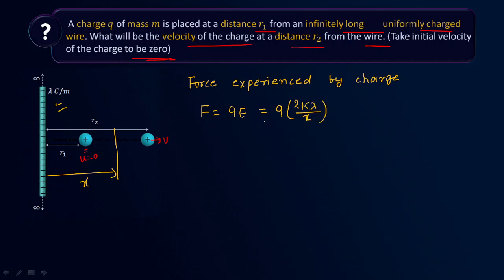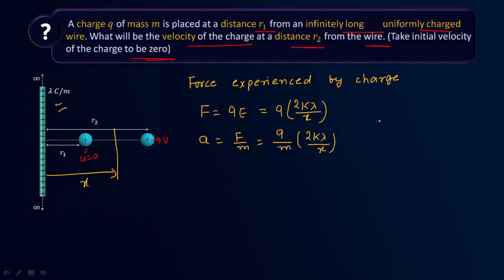This is the force experienced by this charged particle. Now force is nothing but mass times acceleration, so acceleration will be equal to force by mass, that is q by m into 2k lambda by x. Yes or no?